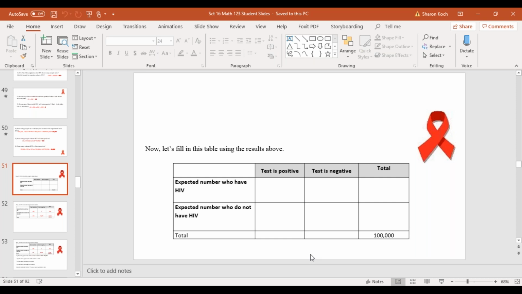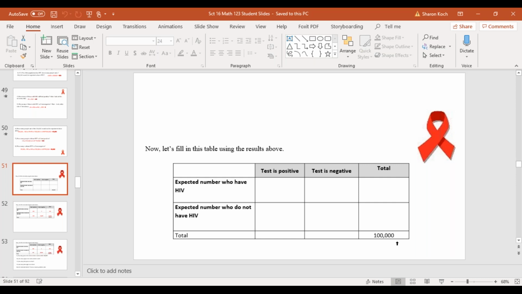So the first thing you do when creating your own probability table is have this vertical and horizontal total here. The grand total goes in the lower right-hand corner. That's the very first thing you do.